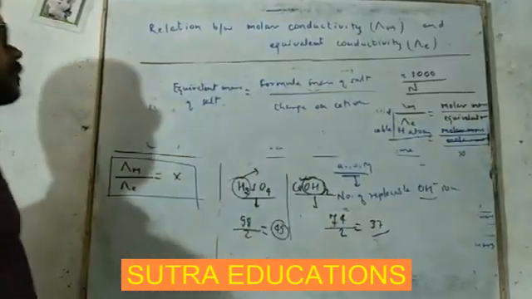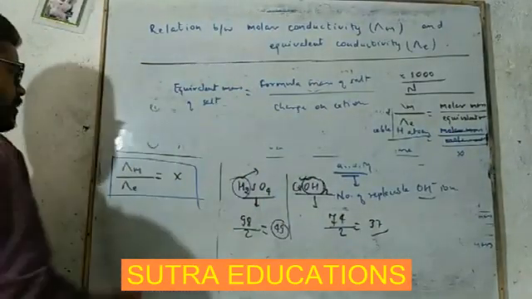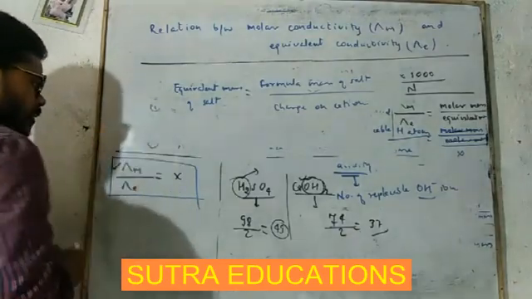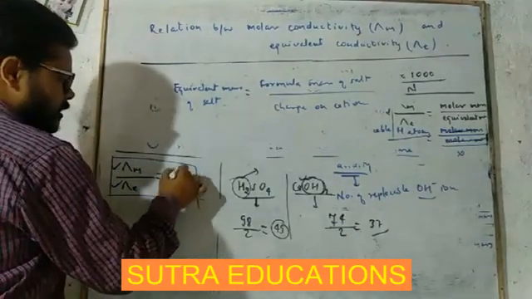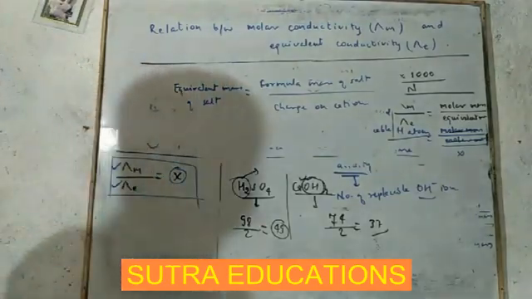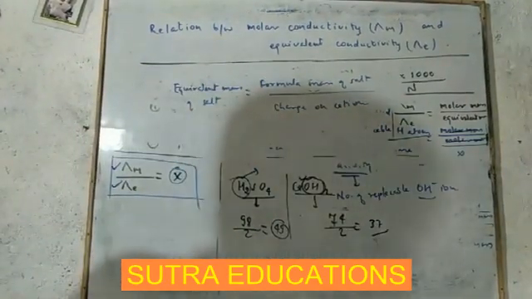So now you have understood what x is. Molar conductivity upon equivalent conductivity is equal to x. This is the relation between molar conductivity and equivalent conductivity.